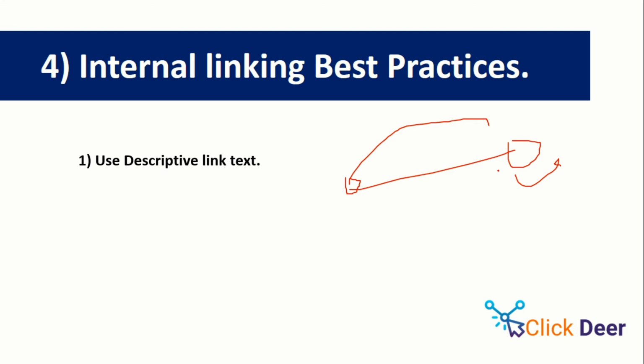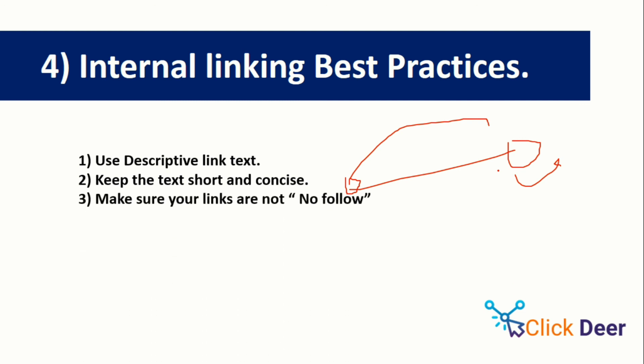So the next one is, you have to keep the text short and concise. And the third one is make sure your links are not nofollow. Like we discussed at the start of this tutorial, Google uses PageRank. And when you link a low ranking page with a high ranking page, Google passes the link juice to that low ranking page.